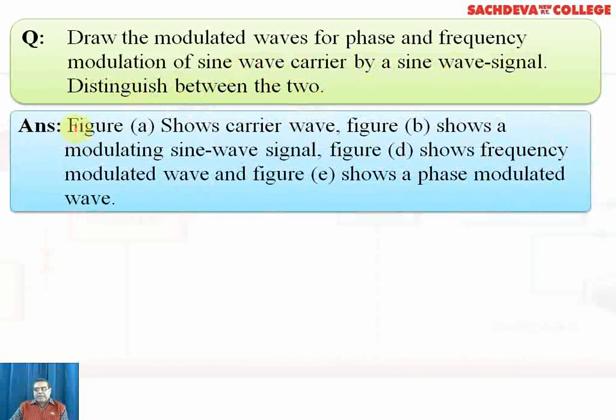So we have a figure here, that is figure A. We have to go through the next concept regarding the figure. Figure A will show a carrier wave, and figure B will show the modulating sine wave signal. Figure D will show the frequency modulated wave, and figure E will show the phase modulated wave.